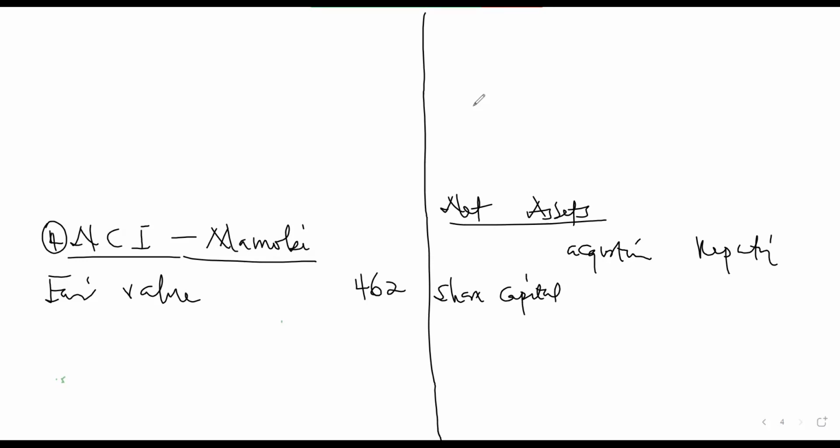The share capital for them is what? 750. Okay, and that will be 750 again. The retained earnings is what?